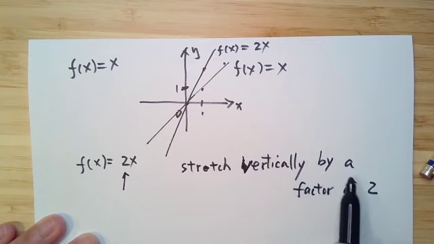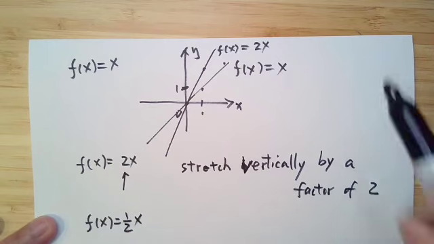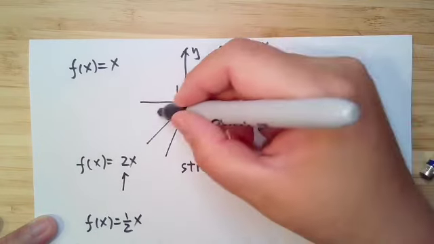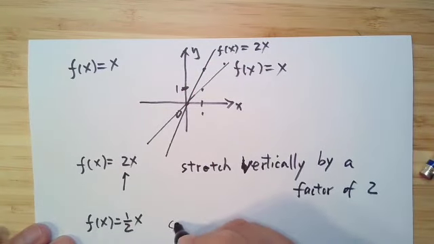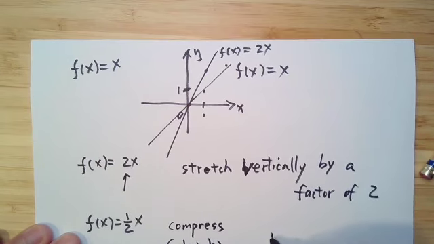What about f of x equals 1/2 x? So that will go to here, right? So it's going to be like this, flatter. So you compress or shrink the graph vertically by a factor of 1/2, shrink to 1/2 of it.